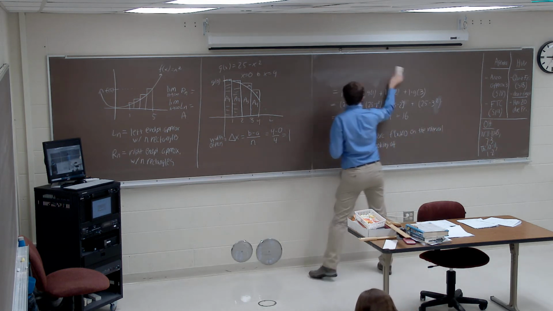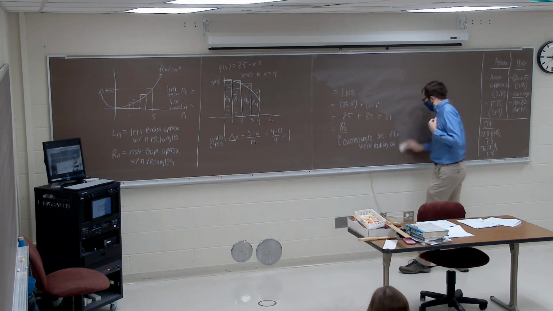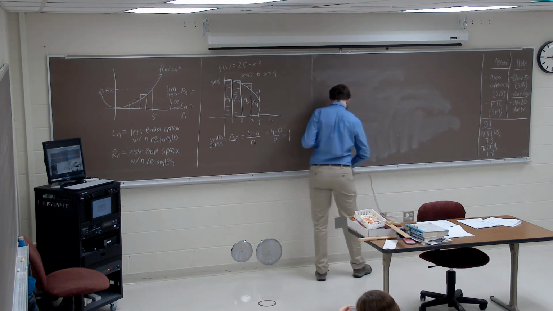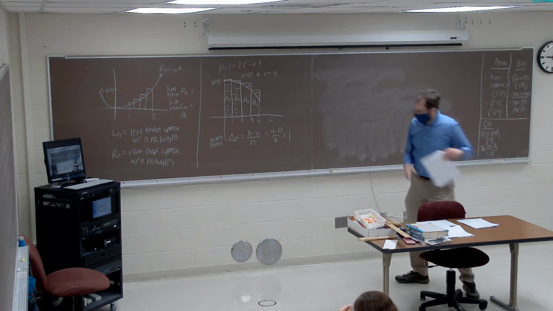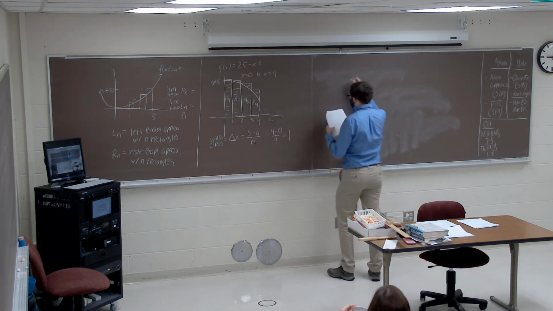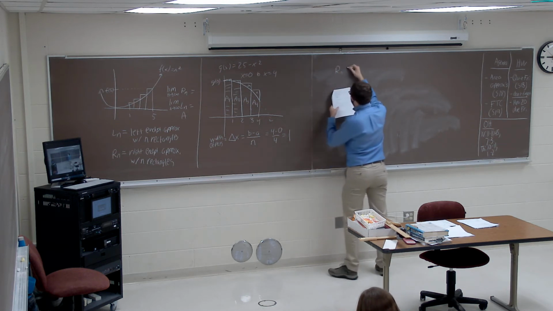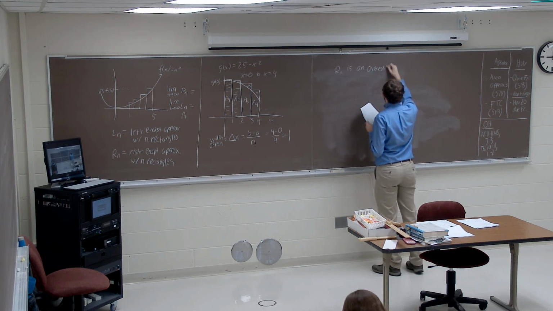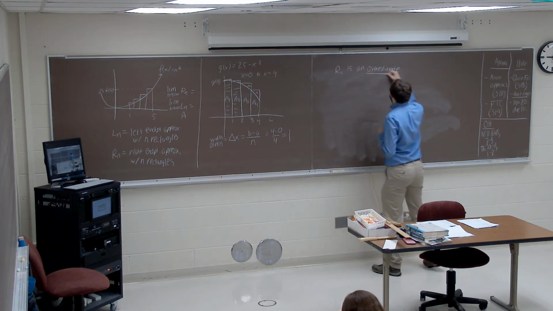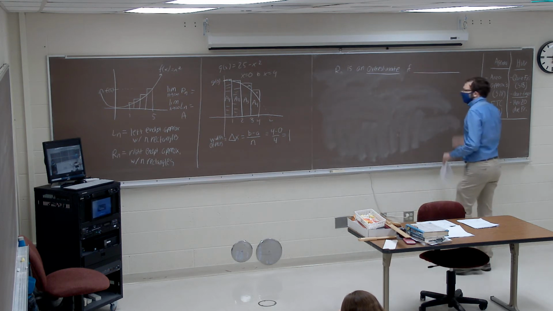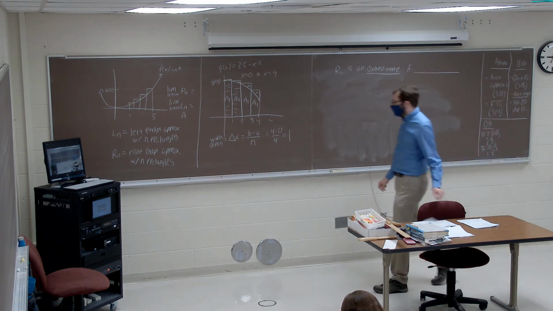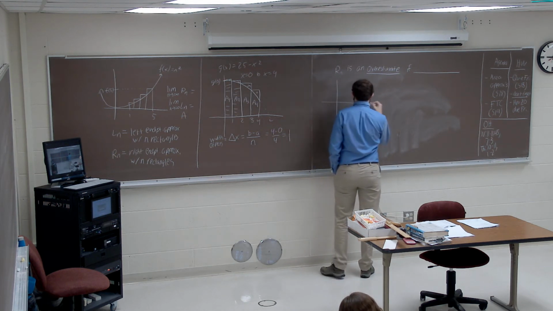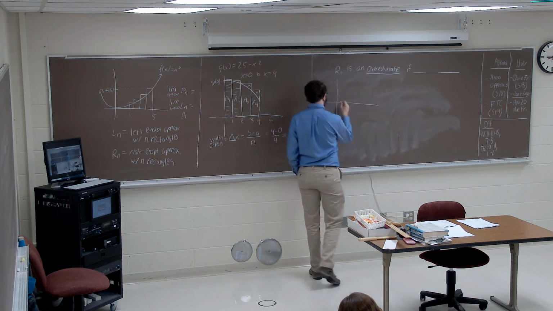So I think what we're going to be able to say in general is that R sub n in general is going to be an overestimate if, what has to be true about our function over the interval that we're looking at in order for something like R sub n to give us an overestimate?